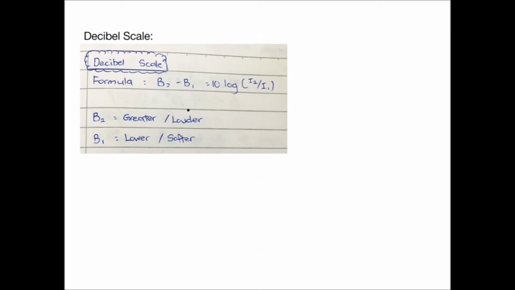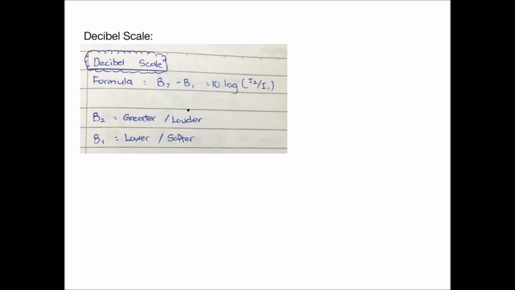Now, I'm going to explain the decibel scale. The decibel scale is usually used to calculate the sound level or the ratio of sound intensities. The difference in sound levels in decibels can be found using the equation B2 minus B1 equals 10 log I2 over I1, where B2 is always the greater or louder one, and B1 is the lower and softer one.